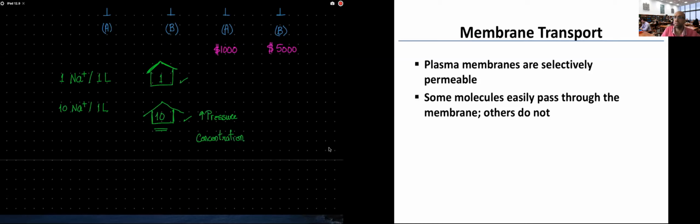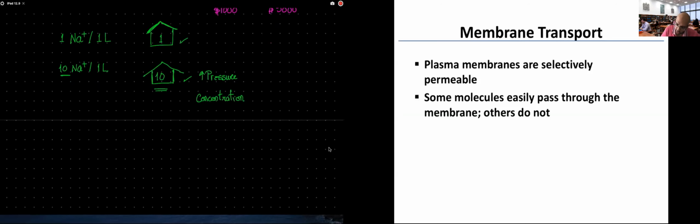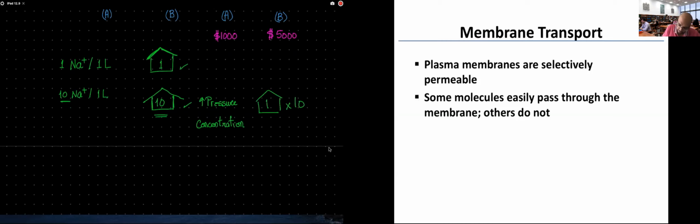And what do I mean by higher concentration? Is it the number of sodium? No, it's not the number of sodium. It's not the amount, the number of people. So if I told you you are 10 people, but each one has his own house, so you have 10 houses, you are 10 people. Is there any difference between this one, let's say this is A and this is B, in terms of pressure or concentration?